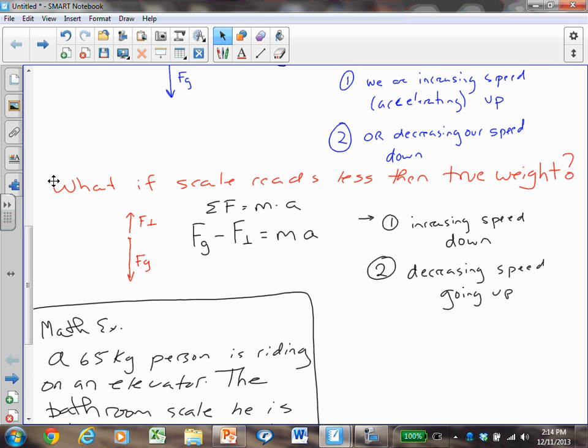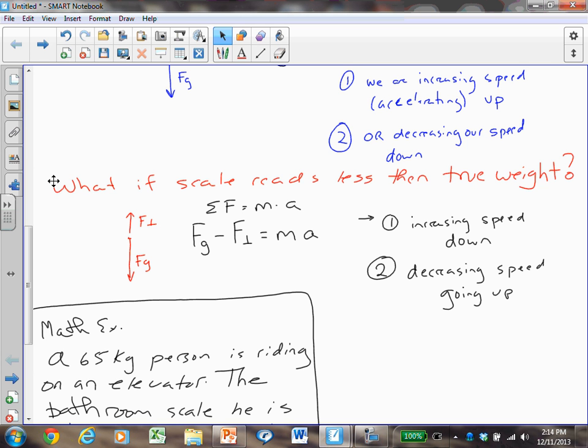So take the case of increasing speed going down. You're at one of the top floors and you get in and you press ground level and you start to increase your speed going down. That would cause the scale to read less because the whole car is moving down. The floor is not going to push into you as hard.